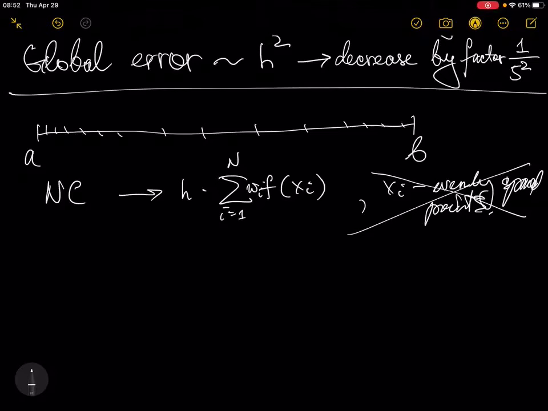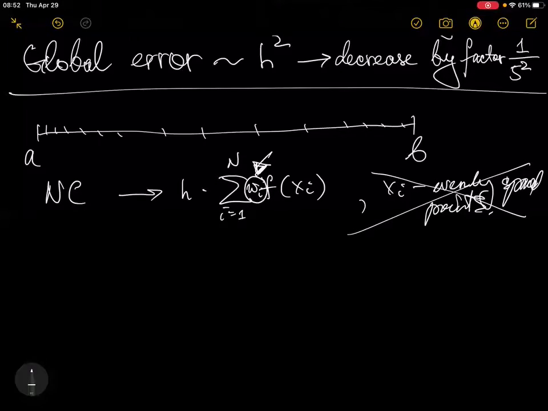As you saw in your homework already, if you consider evenly spaced points, the only freedom which you have is the choice of these weights, right? Then you get a linear system of equations, requiring that your integration integrates polynomials of degree up to something, and this allows you to determine these weights. Of course, you can compute them in different ways, just directly integrating the polynomial and so on.